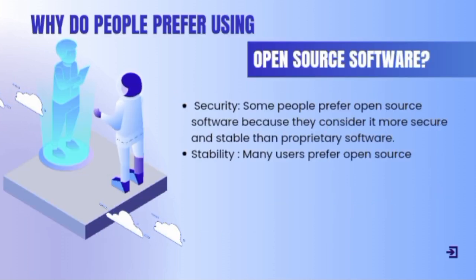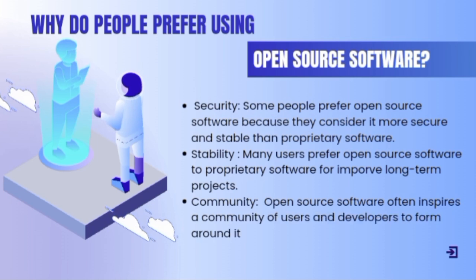Third, it is more secure because its community quickly identifies and fixes vulnerabilities. Fourth, it is stable and reliable, making it suitable for long-term use. And finally, open source inspires a strong community where users and developers share knowledge and resources, making it easier for everyone to improve their skills.